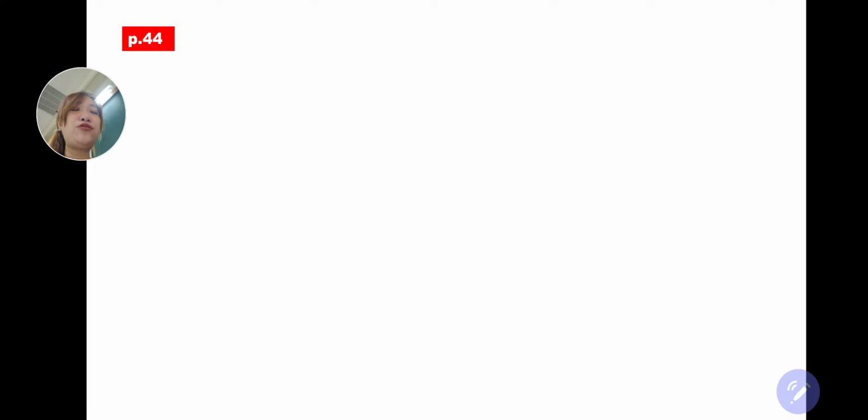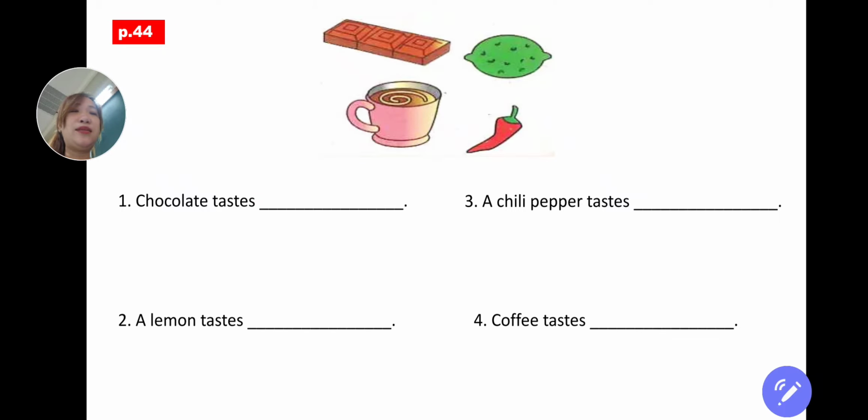Okay, 一样在 page 44。我们是不是有一个下面的部分？Number one, let's look at number one. Chocolate taste. 巧克力尝起来的味道是什么呢？Spicy, sweet, sour, or bitter. So which one? Yes, it's sweet. Okay, look at number 2. A lemon taste.